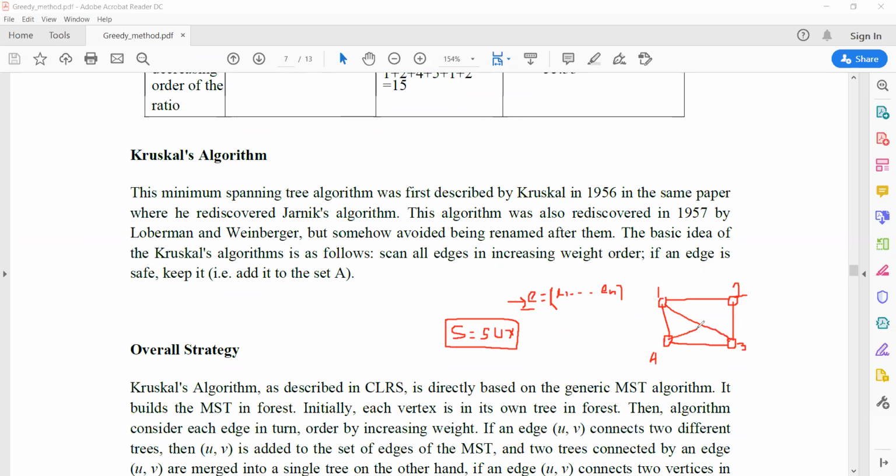This is a complete graph I have drawn. Now the costs I try to write, say 4, 2, 1, 3, 6, and 7.